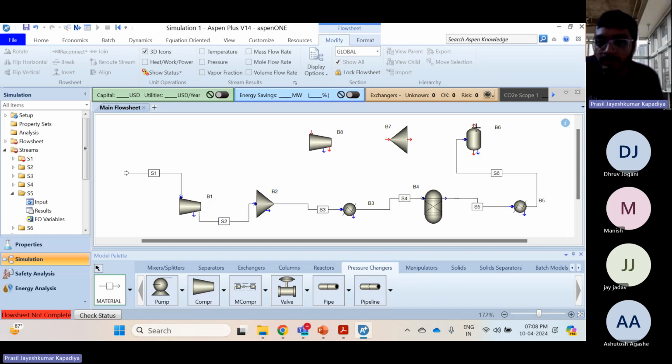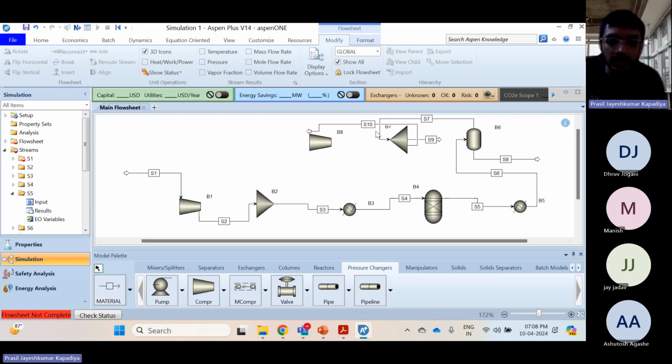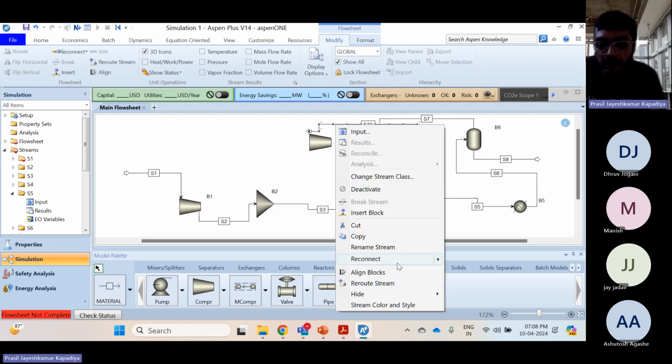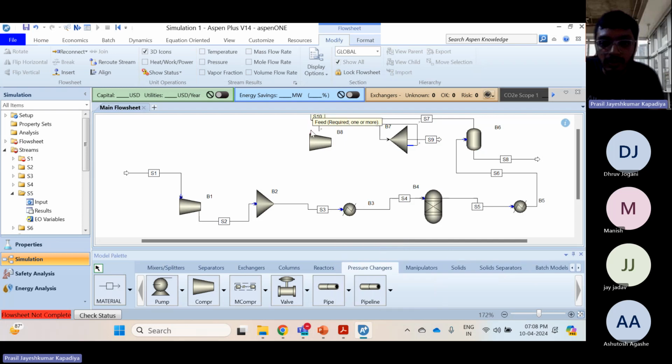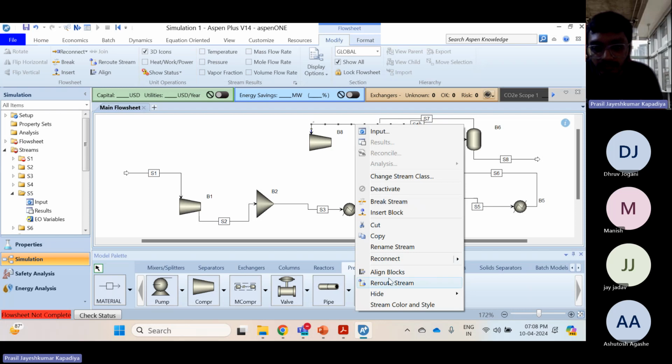From the flash drum, one part is going to the splitter. It is going back here. Now one stream is going out and one is again added to the compressor. I need to reconnect it. Reconnect destination.